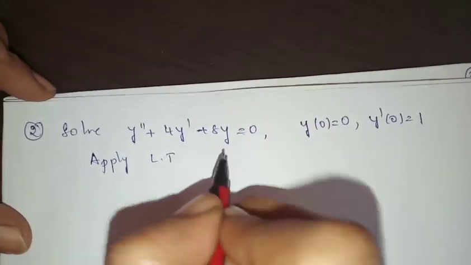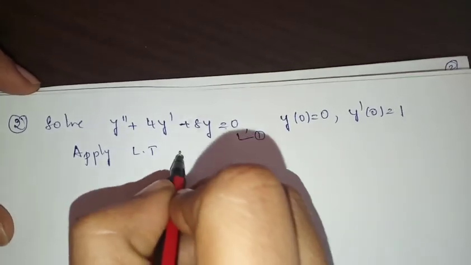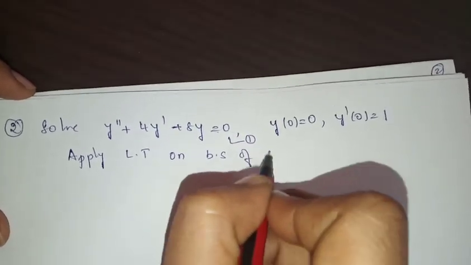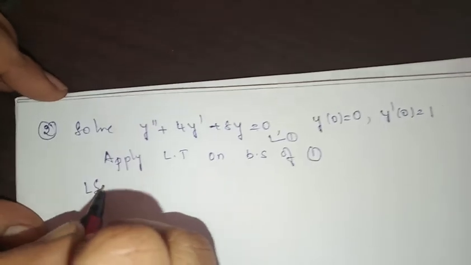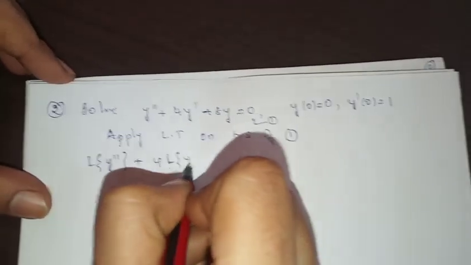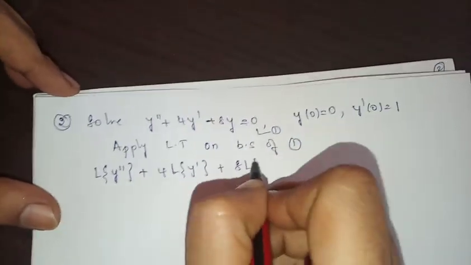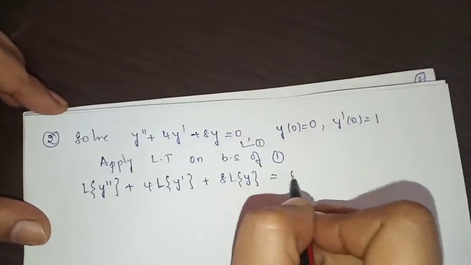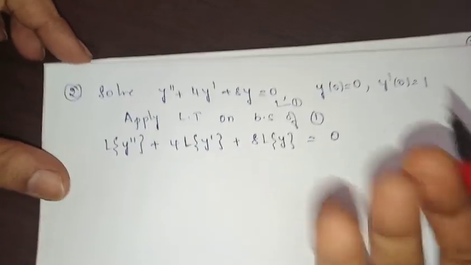Applying Laplace transform on both sides, you get Laplace transform of y'' + 4 into Laplace transform of y' + 8 into Laplace transform of y is equal to 0, because Laplace transform of 0 is 0.